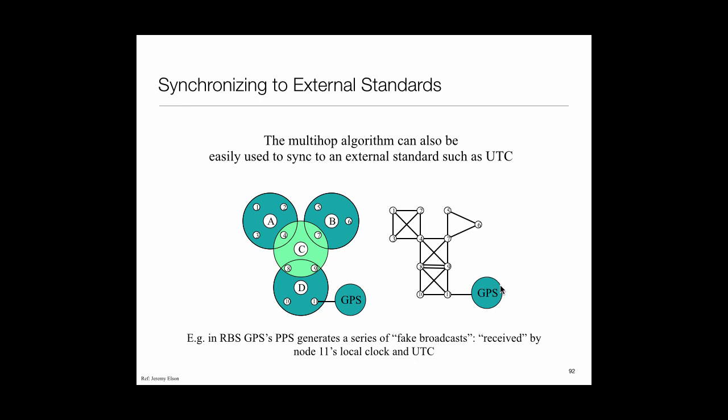If I don't have any anchor node, then no one knows their absolute time. But given a rich enough graph, I should still be able to come up with an assignment which is relatively consistent, even though I don't know the absolute values, I can come up with relative offsets. But if I have an anchor node, then I can anchor the whole thing into actual real wall clock time.